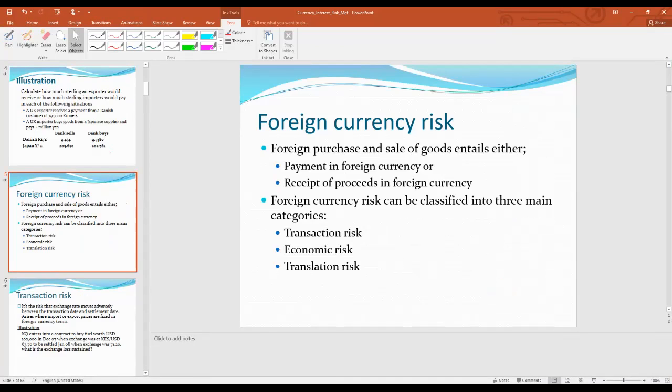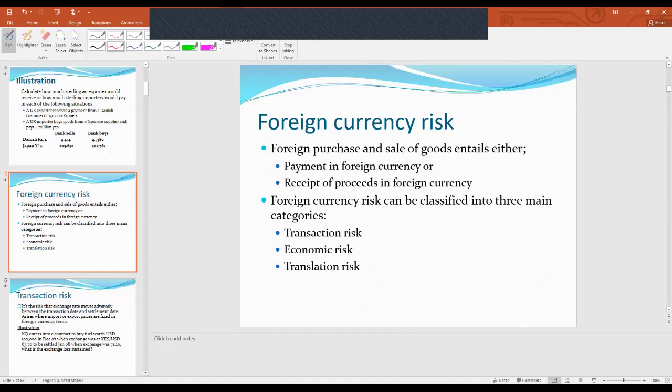Generally we can classify foreign currency risk in classes. First, transaction risk, like the one you just discussed, where you're making payments to your suppliers or receiving from your customers. Then you have economic risk, which is the long-term version of the transaction risk; transaction risk is short-term.